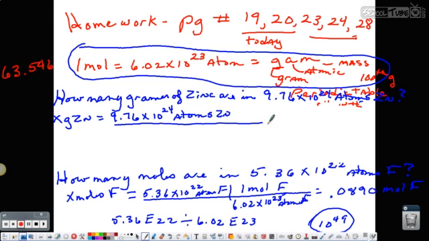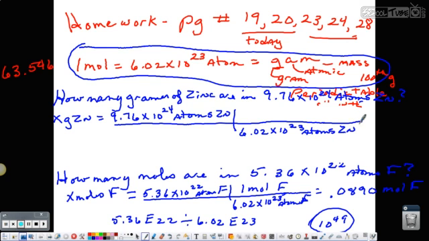What am I trying to get rid of? Atoms. What number goes with atoms from my equality that's written up here? 6.02 times 10 to the 23rd atoms. What am I trying to find? Atoms, zinc.